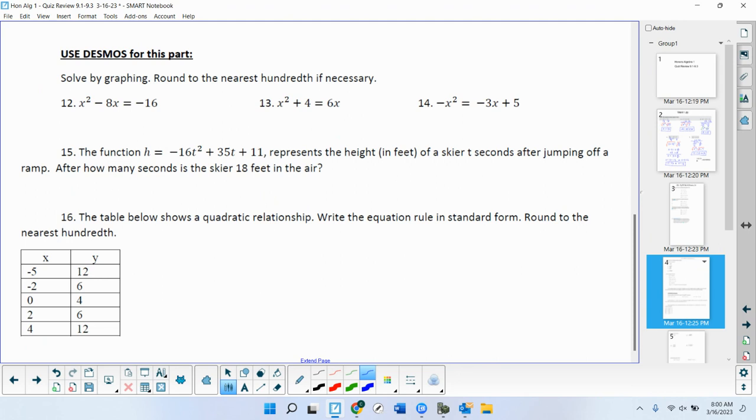All right, so on your separate sheet of paper, start with number 12. Tomorrow, when you take your quiz, this is what you will do first.